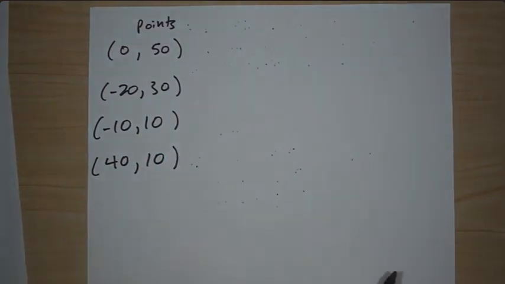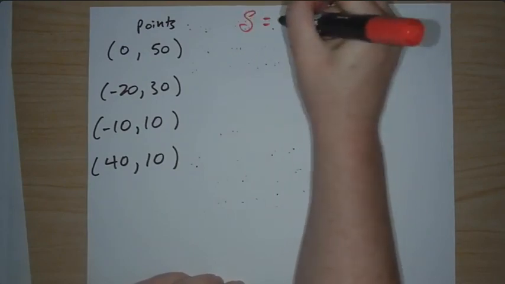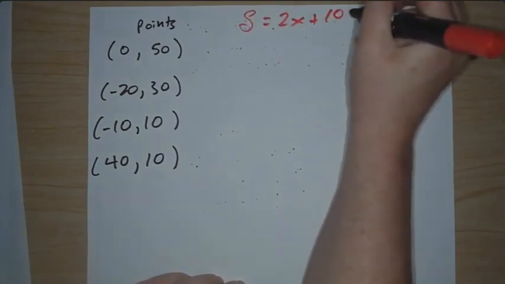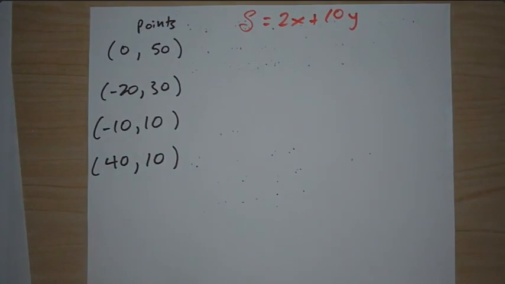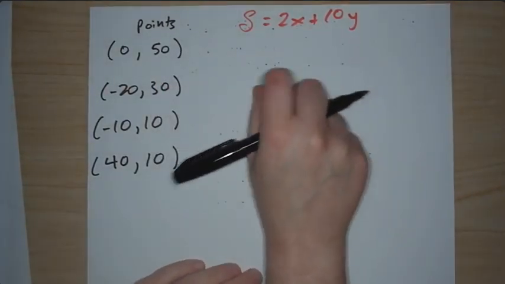So those are all our intersection points, and we want to put them into the objective function S, where S is equal to 2x plus 10y, and whatever the result of what S is equal to will be either a max or a min or something in between. So now we're going to substitute these points into this objective function.